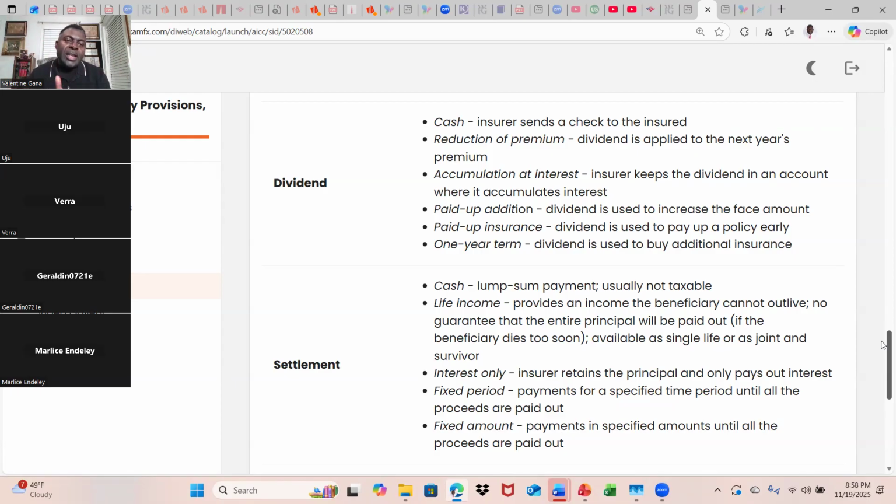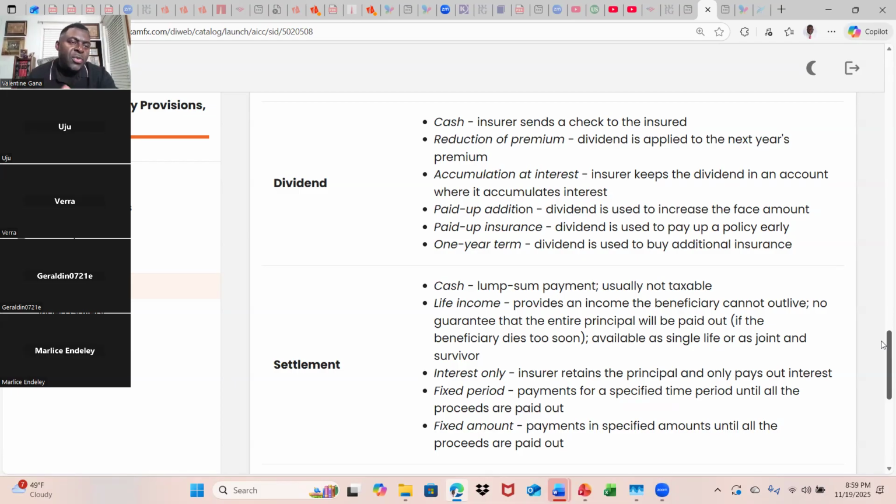So the initial death benefit might be $1 million. If that policy starts to generate cash and grow cash, then the death benefit is initial face amount plus cash growth. So paid up addition, they use your dividends to increase your death benefit.